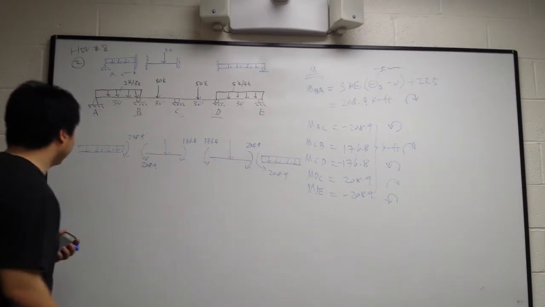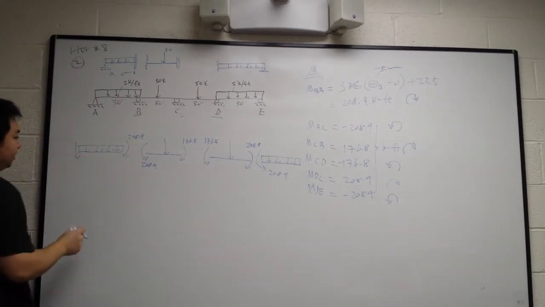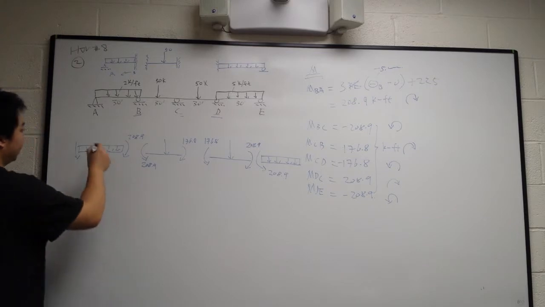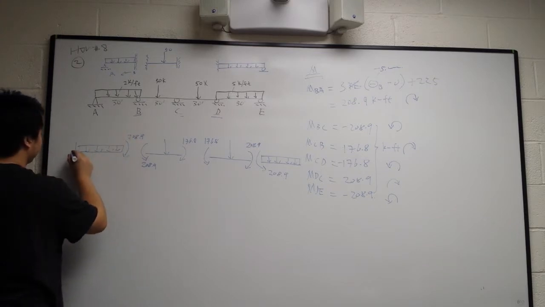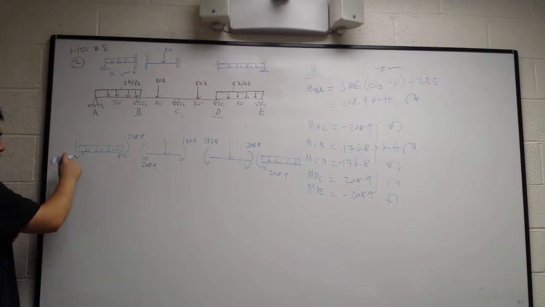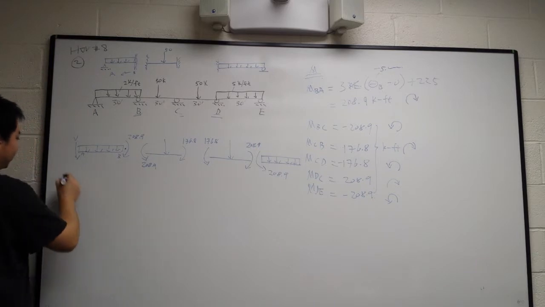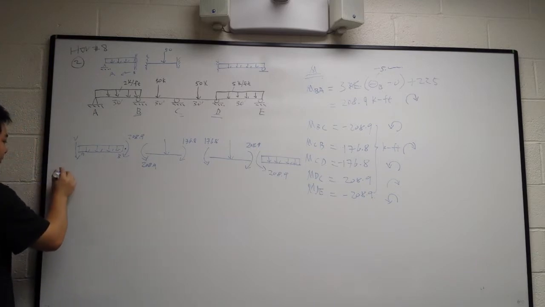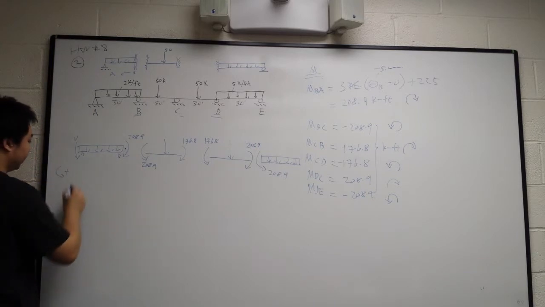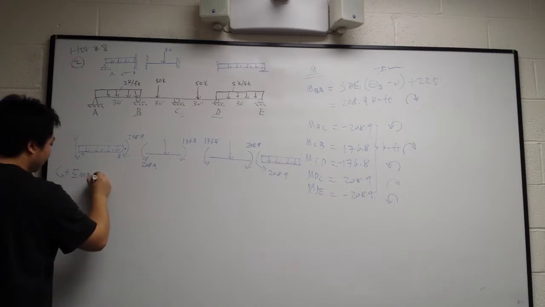So to find a shear, for example, you want to find a shear here, so this is A, this is B. You want to find the shear for this one. You're going to take a moment at this point. So you assume this way is positive, sum the moment at point B equal to 0.